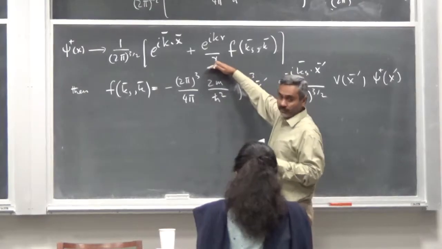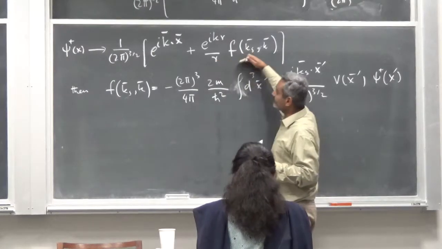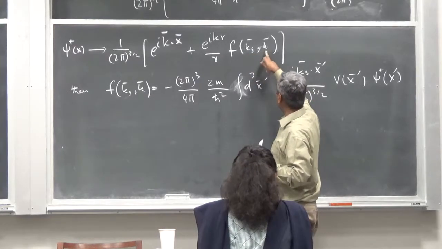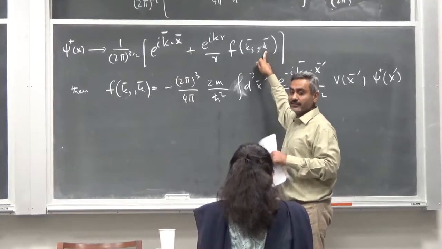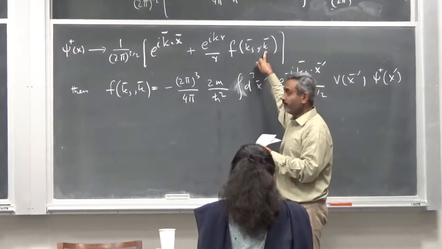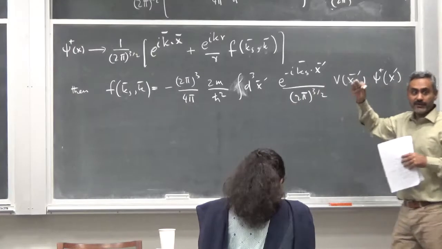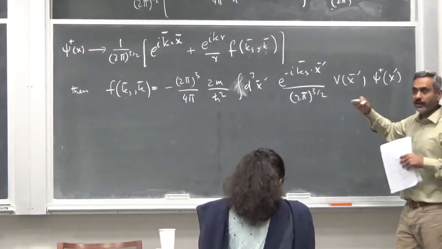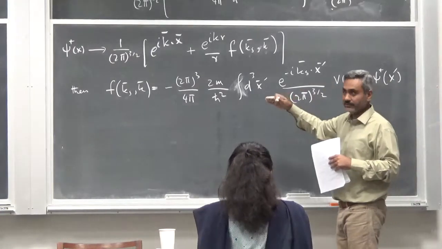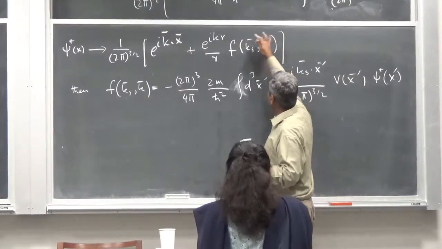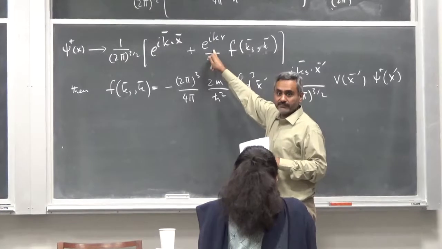And this is the spherical wave with this amplitude. So the amplitude depends on what state you have prepared for the incident wave and which direction you're measuring the scattered particle in. Where have you put your detector? So it will depend on these two things. So this is the amplitude of this wave.